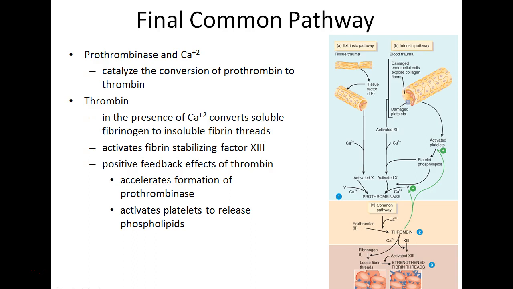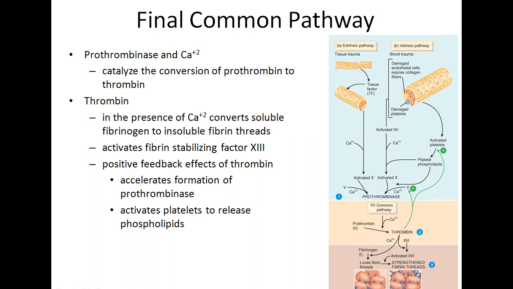And so the general steps we see occurring here are that the active factor 10 combines with factor 2 and 5. It's also going to combine with the calcium and platelet factor 3. And that's what forms the prothrombin activator. Then prothrombin activator activates prothrombin to turn into thrombin.